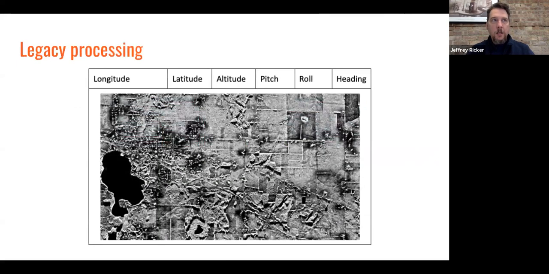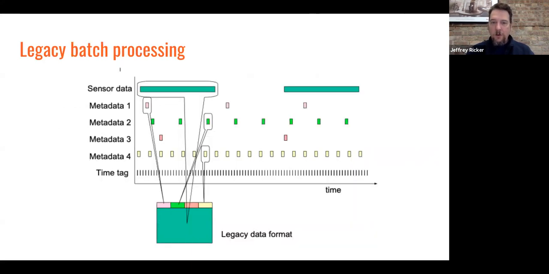So in the legacy world, what we would do is we would take a picture and then we would just pick one of the values almost arbitrarily for the lat long, altitude, pitch, roll, and heading, right? So that we could figure out what this picture is looking at, to resolve it. Well, the problem there is that we've just arbitrarily picked sensor data.